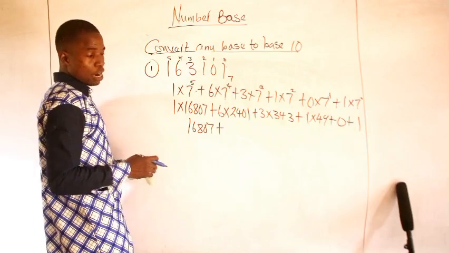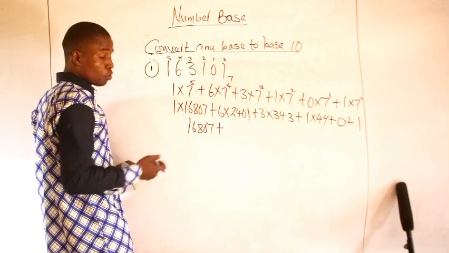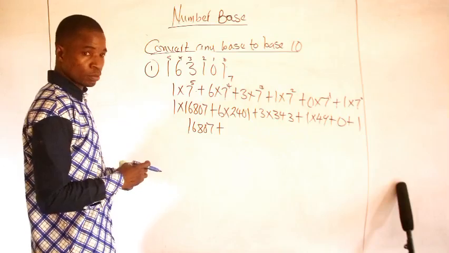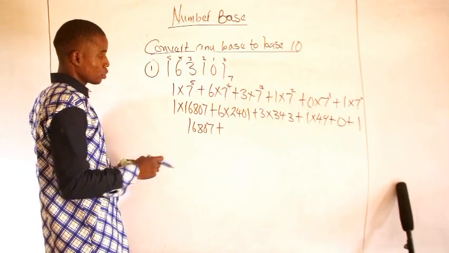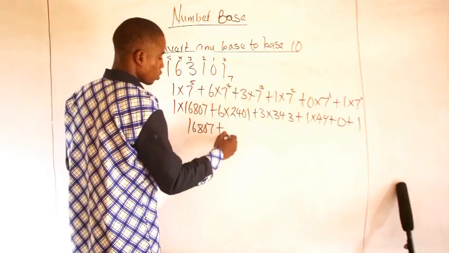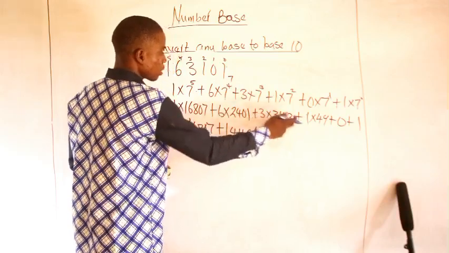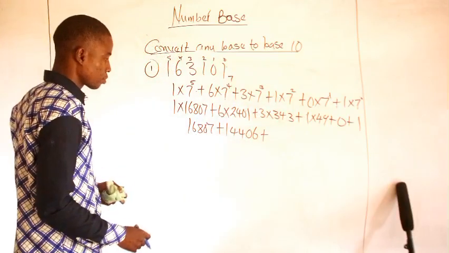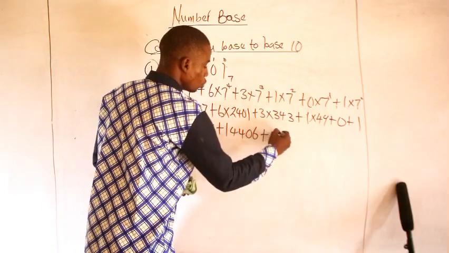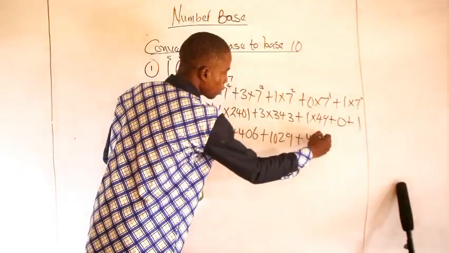You can be pressing your calculator and give us the answer. As you are watching the video, press your own calculator too, so that you can know what we are doing. 14406 plus this one and this, 1029 plus 49 plus 1.